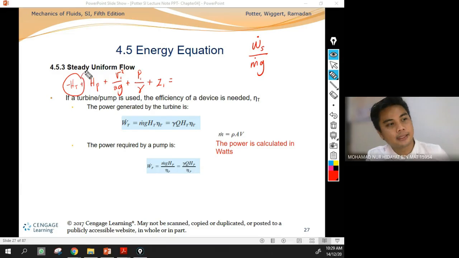This term I translate to this term. So it becomes H of turbine positive.